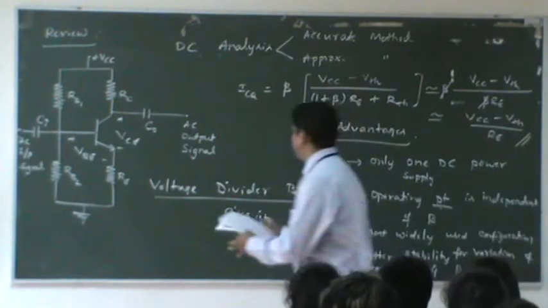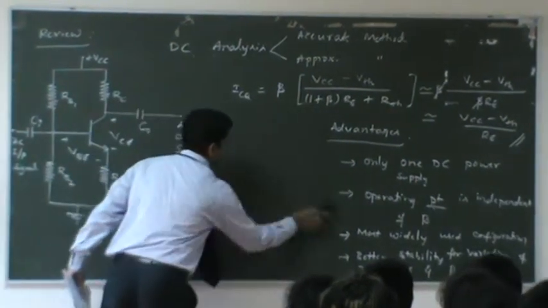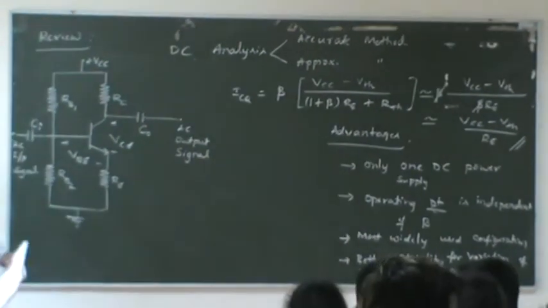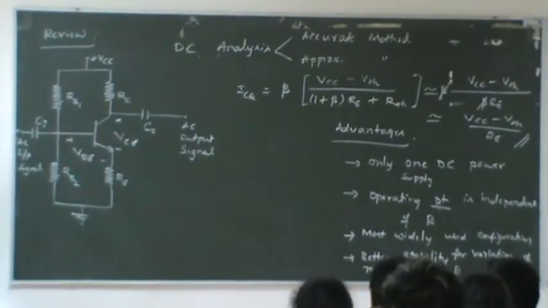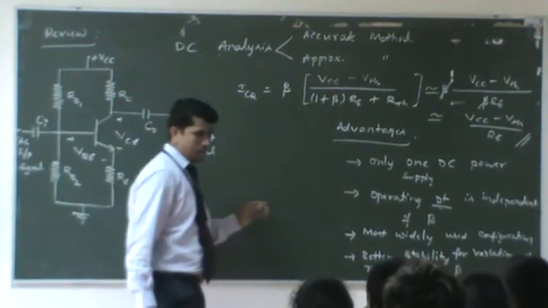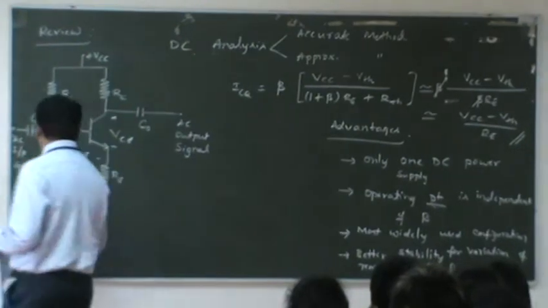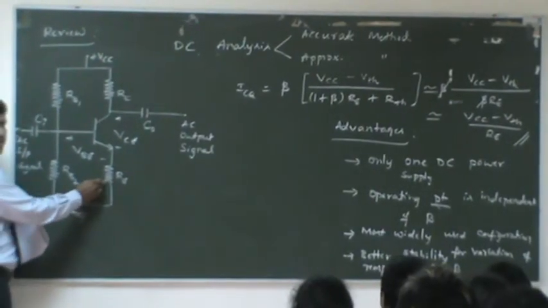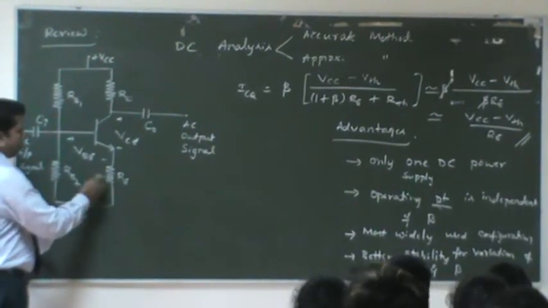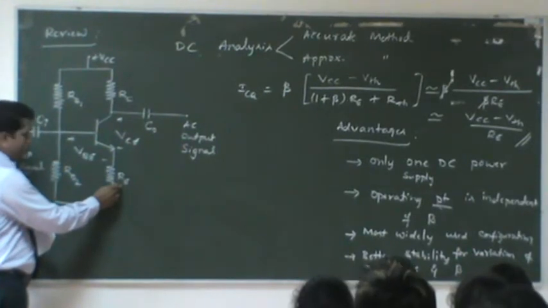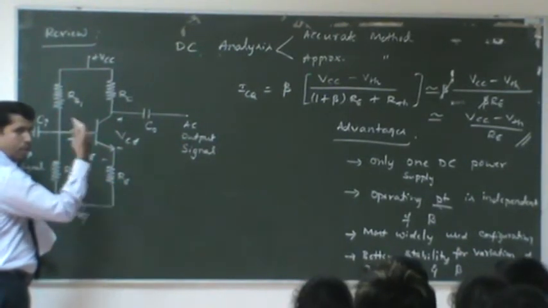Okay. So we have a modified version of this. The one drawback of this, which we illustrated in the last class also, is because of this particular resistor, the emitter resistor. As we know, this is the one resistor which provides negative feedback, which we started in the emitter bias.